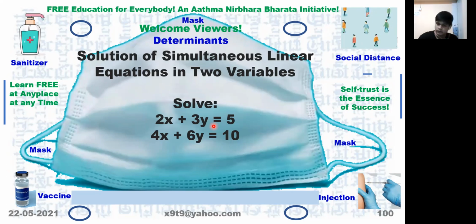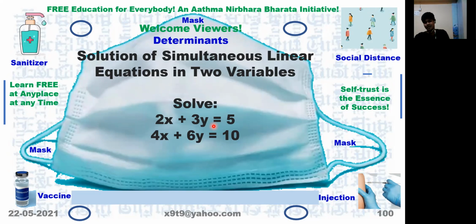Sir, no, I'm not using. You can use a calculator and check. 0 divided by 0. Sir, it's showing math error. That means 0 divided by 0 you cannot find. That is called indeterminate.